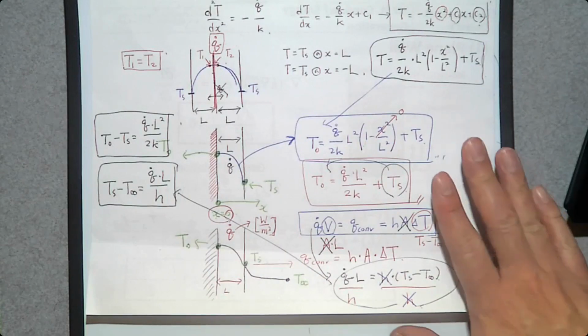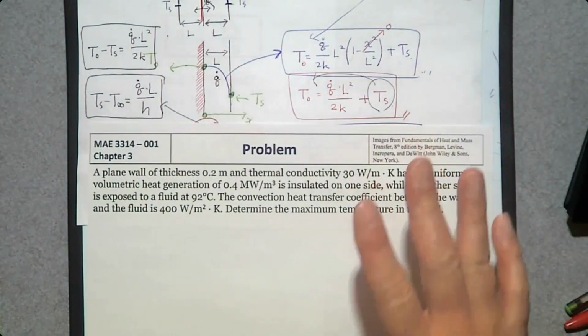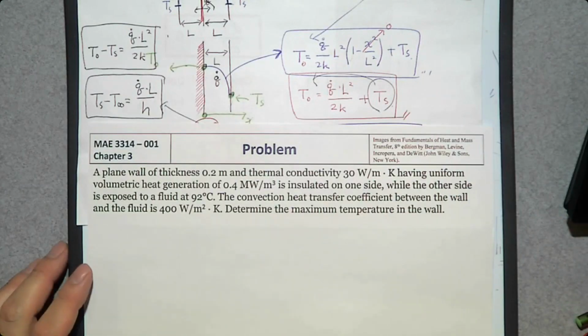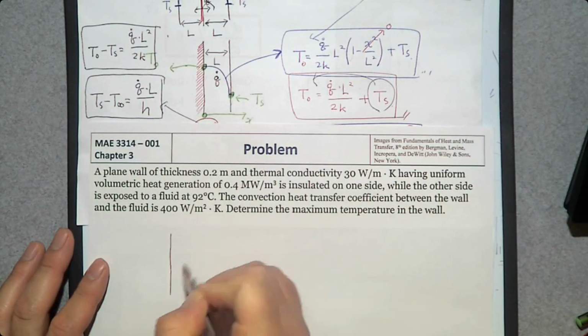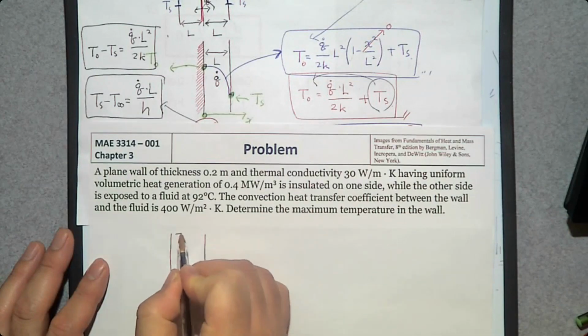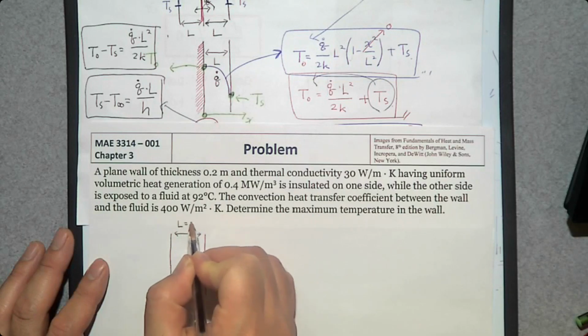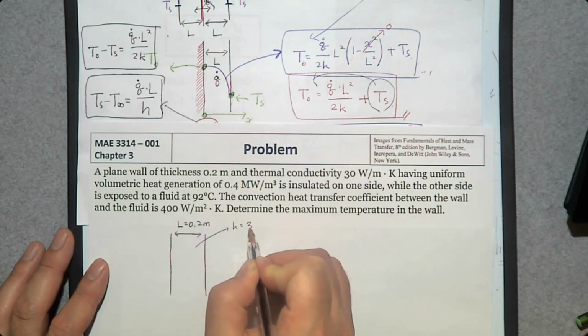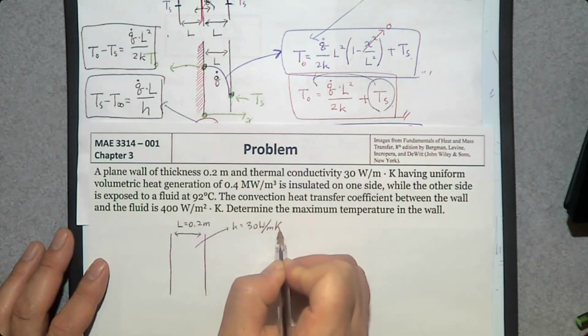So we are going to solve a problem together to learn how to use these two equations. This time we have a plane wall whose thickness L is only 0.2 meters, and the thermal conductivity K is around 30 watt per meter Kelvin.